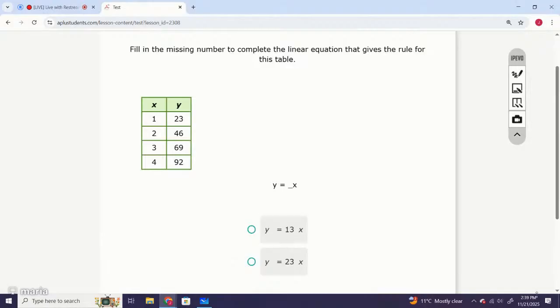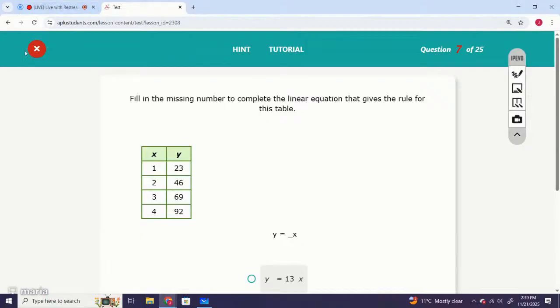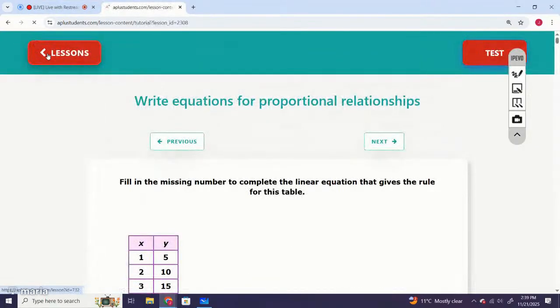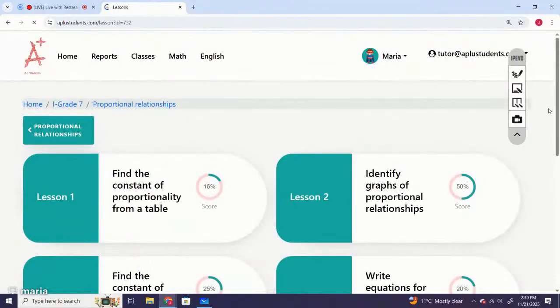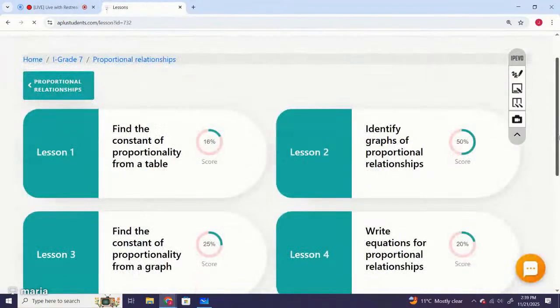Okay, and complete the lesson by yourself later today. So we are working on grade 7 math. The chapter we were working on is proportional relationships. Lessons we have covered today are finding equality from a table, identifying graphs of proportional relationships, finding the constant of proportionality from a graph, and writing equations for proportional relationships.